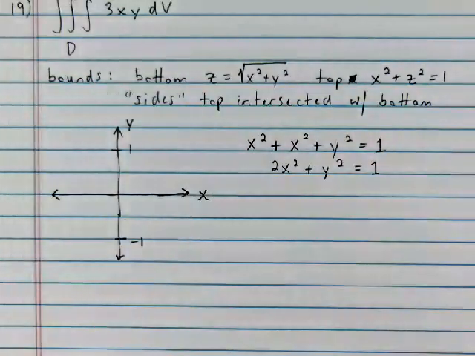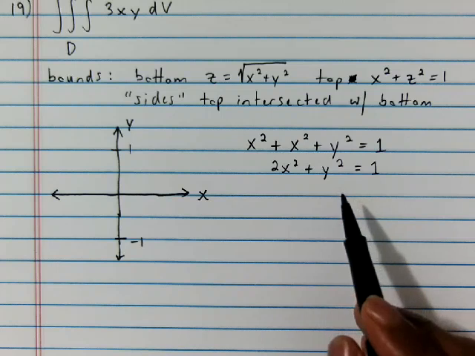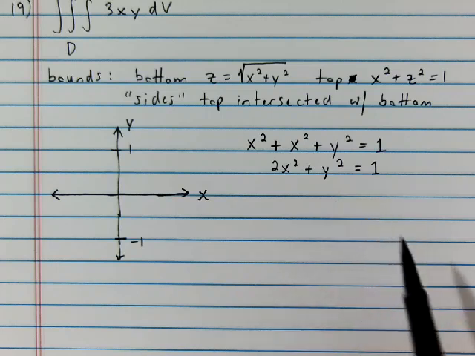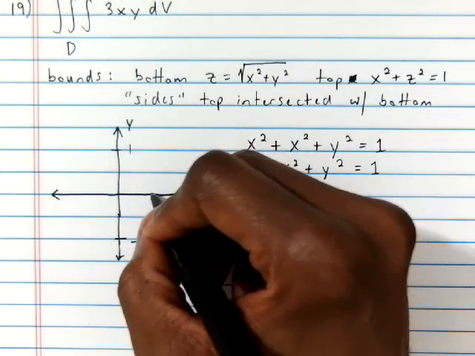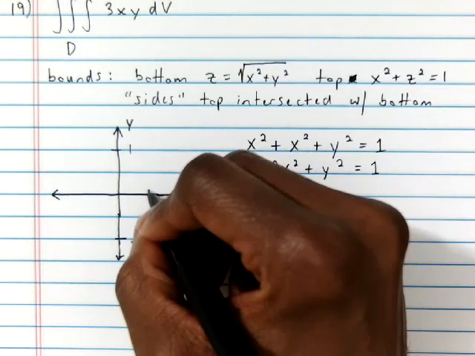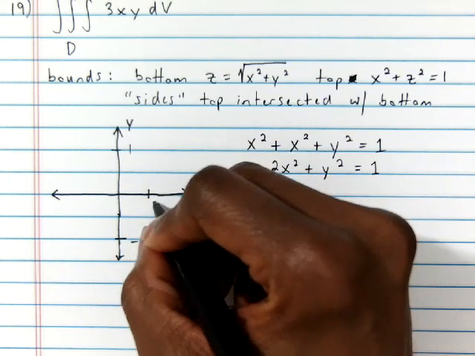All right, and then for y equals 0, we're going to get x squared equals 1/2, or x equals plus or minus 1 over root 2. So let's say, right there, 1 over root 2.